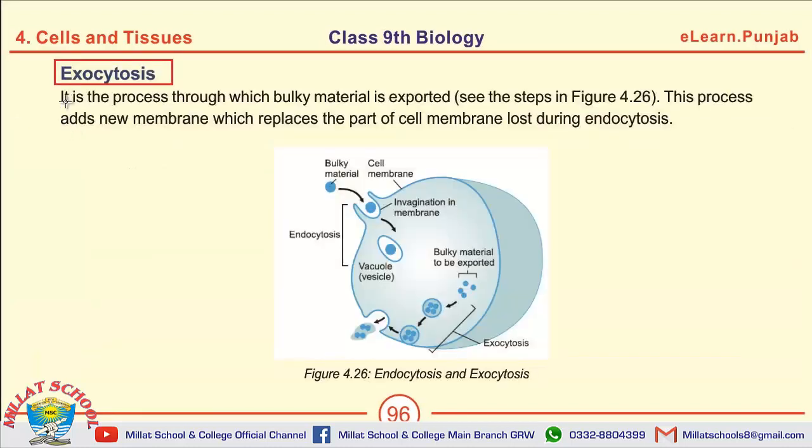And the last question is exocytosis. What is exocytosis? It is a process through which bulky material is exported. That is called exocytosis. The MCQs may be from the definition of exocytosis as well as from the last line of this topic.